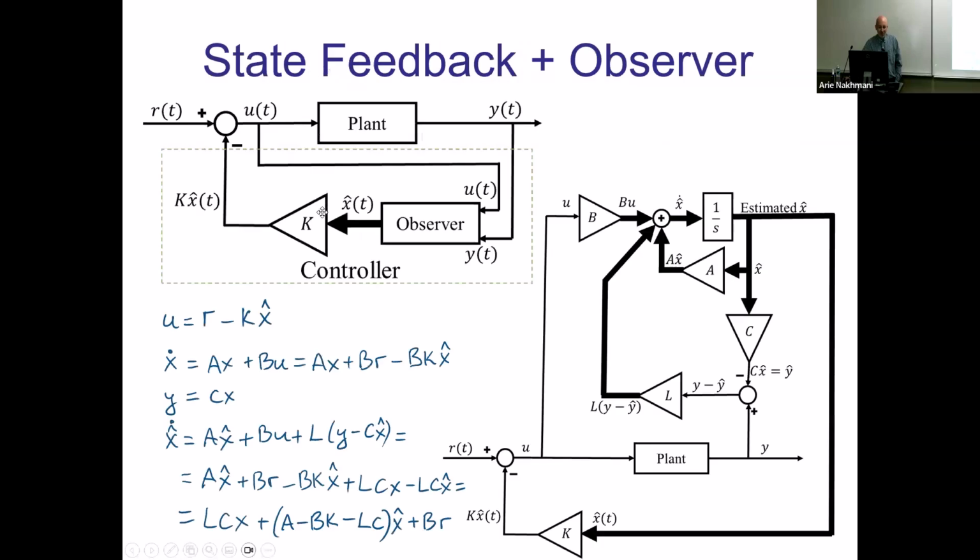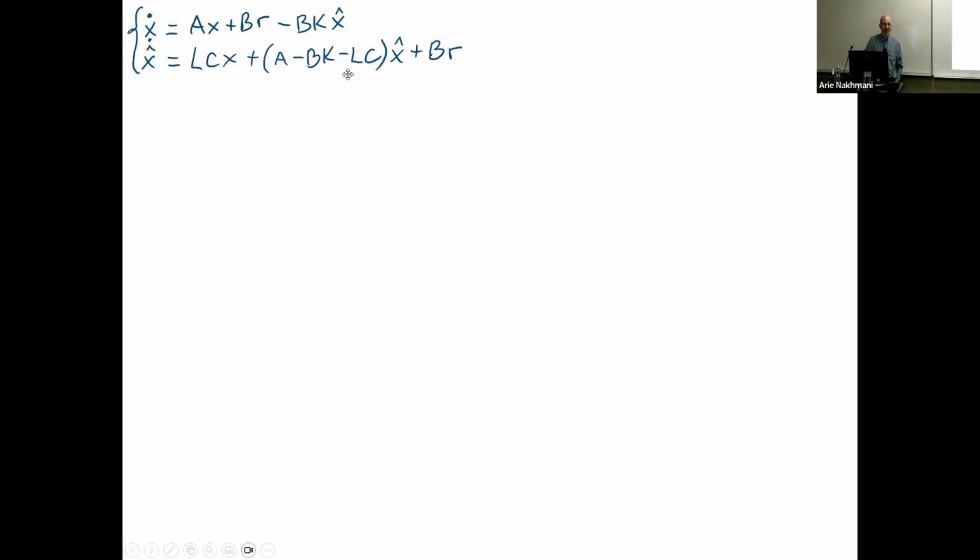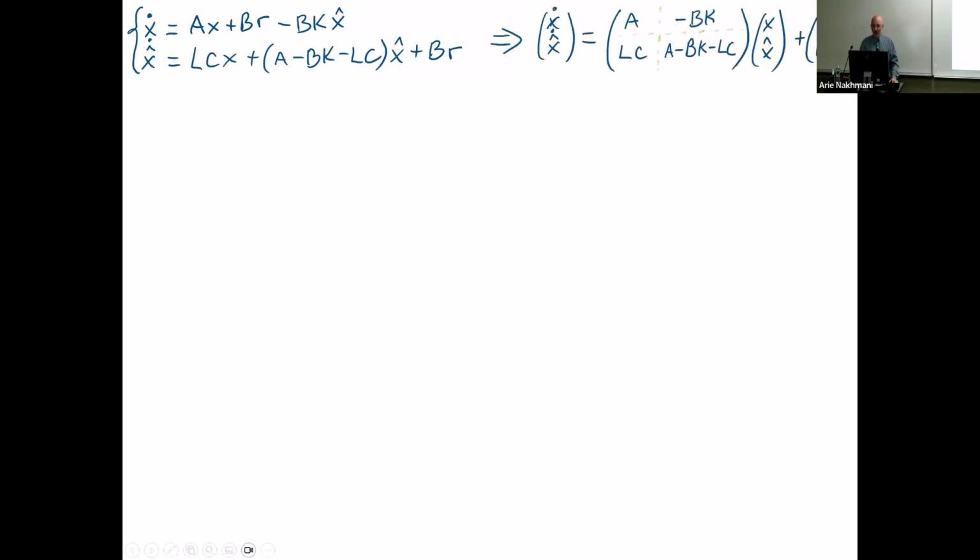So I'm copying these equations again, x dot and x hat dot. I'm copying these results here for your convenience, so you will not need to switch between these two slides. I can write that as a block matrix, and this will look like a linear system now, but of order 2n by 2n.